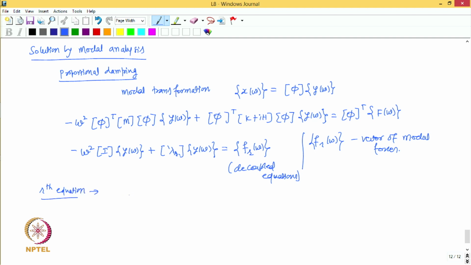if we look at the Rth equation, then that Rth equation is simply equal to minus omega square y r omega plus lambda r y of omega is equal to f r of omega, and therefore, the response y r omega, which is nothing but the modal response, which can also be called the Rth participation factor, becomes f r omega divided by lambda r minus omega square.